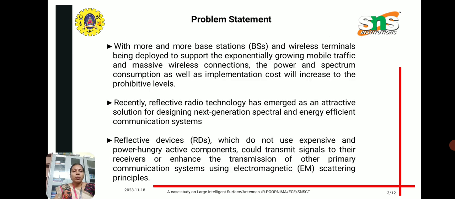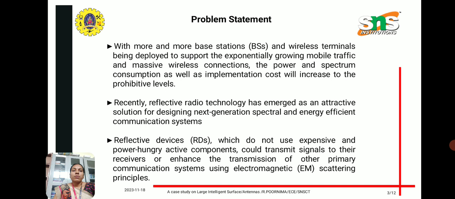So the problem statement of the case study is this: when we use more and more base station antennas and wireless terminals to support the exponentially growing mobile traffic and massive wireless connections, the power and spectrum consumption as well as the implementation cost increases.